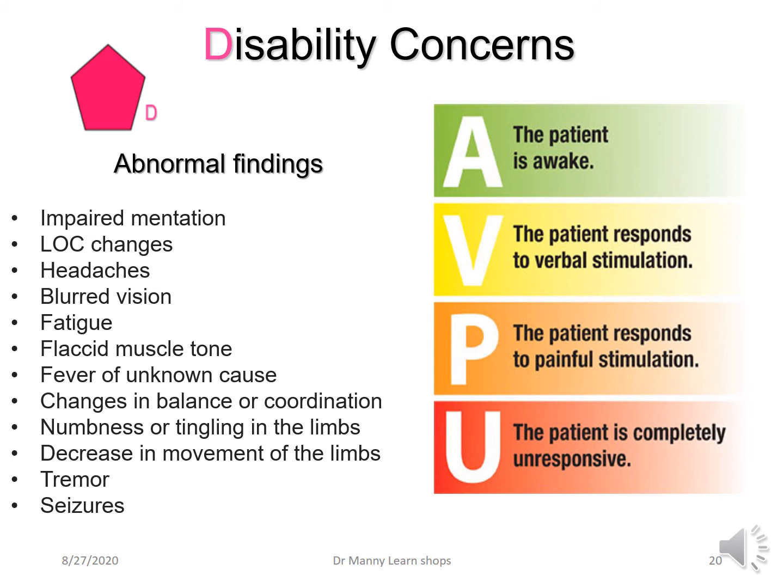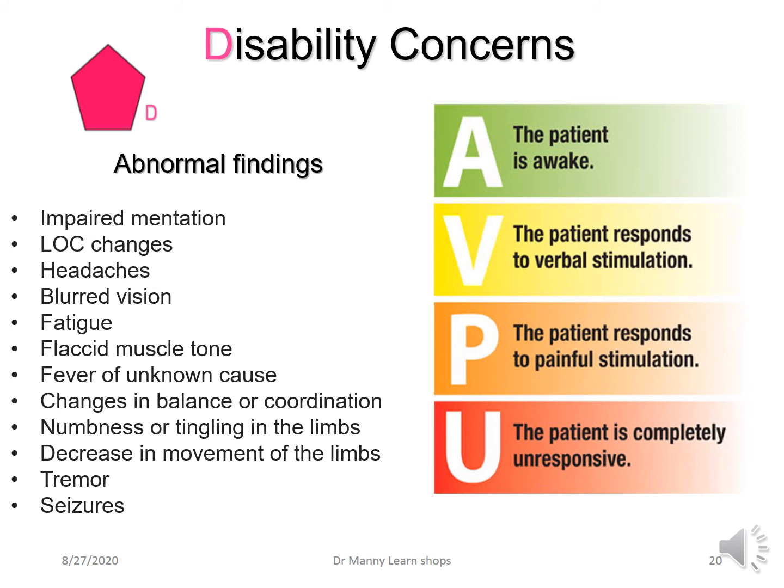A good tool that can be used could be AVPU. There are lots of other ones such as the Glasgow Coma Scale, Tickles. They're all acronyms to allow you to A, assess alertness. Is the patient awake? If they are awake, V, do they respond to verbal stimulation or talk to you? P, do they only respond to painful stimuli?